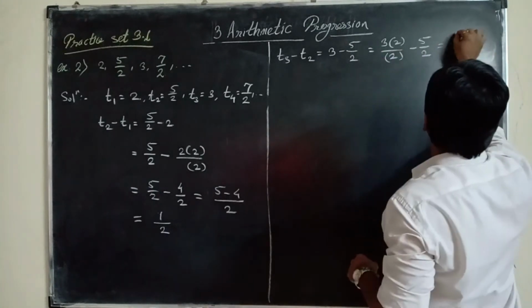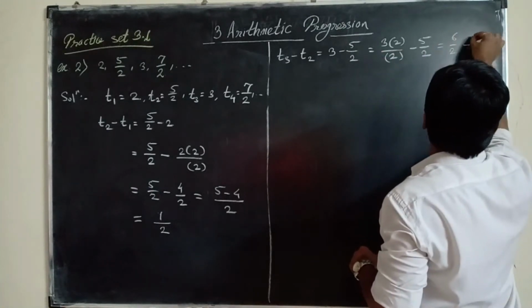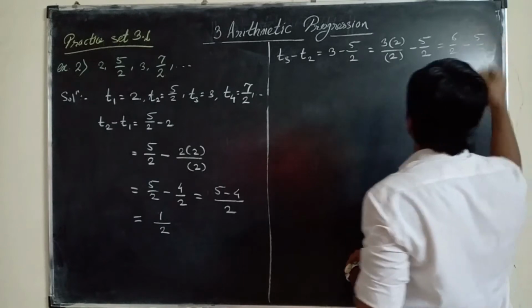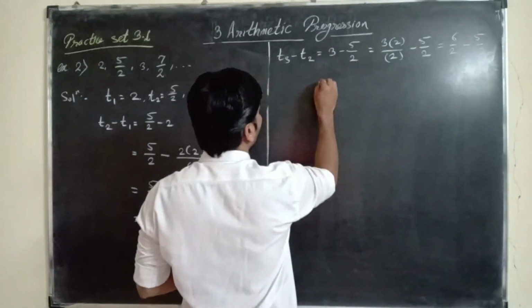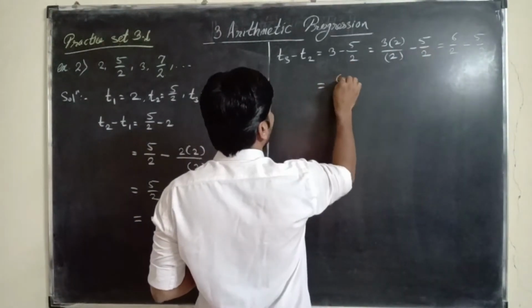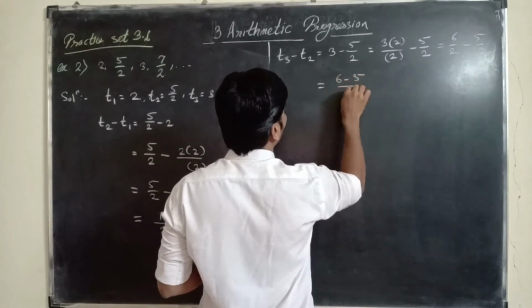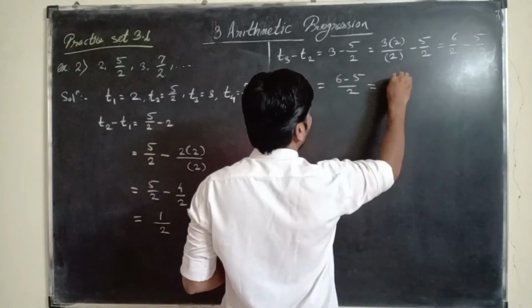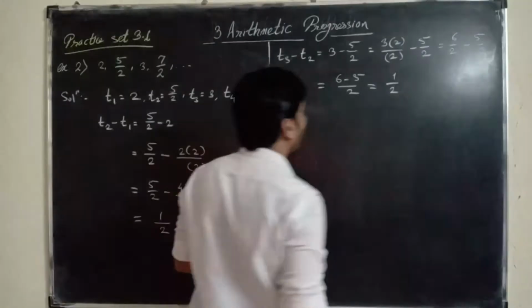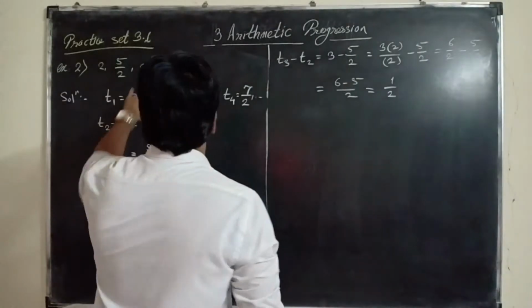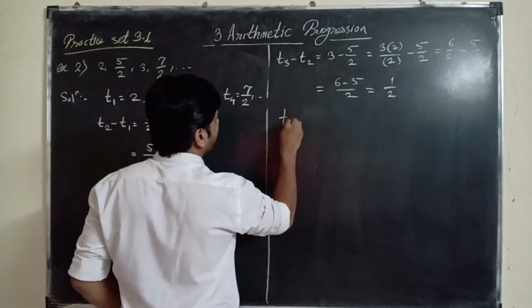The 3 2s are 6 upon 2 minus 5 upon 2, which can be written as 6 minus 5 upon 2. Well, 6 minus 5 is 1, denominator as it is.